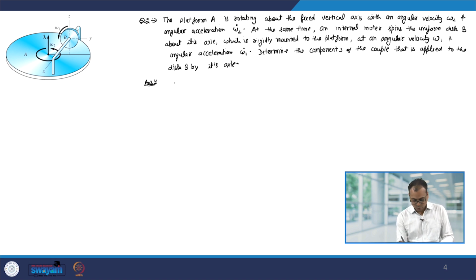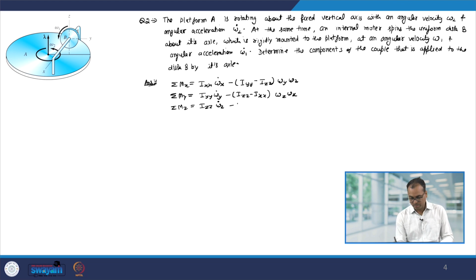The Euler equations are: summation Mx equal to Ixx omega x dot minus Iyy minus Izz omega y omega z, summation My equal to Iyy omega y dot minus Izz minus Ixx omega z omega x, and summation Mz equal to Izz omega z dot minus Ixx minus Iyy omega x omega y.